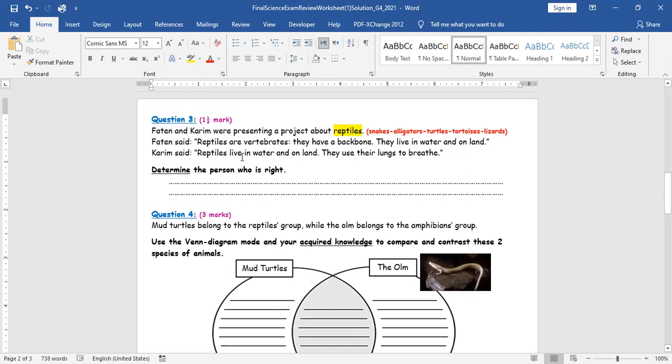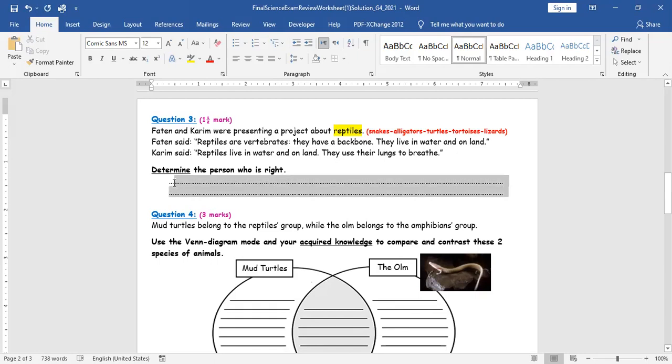He also said that reptiles live in water and on land. But he added that reptiles use their lungs to breathe. Both Karim and Fatin are right. No one said wrong information. So, who's the person that is right?